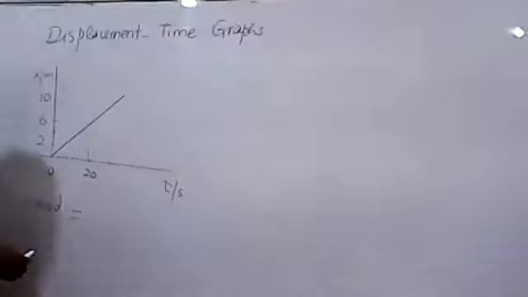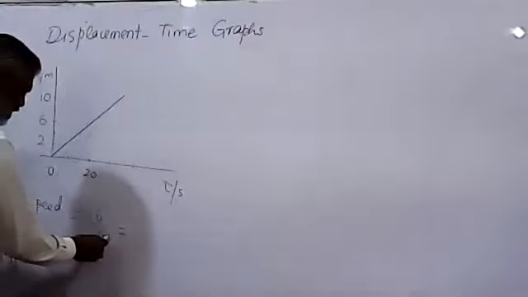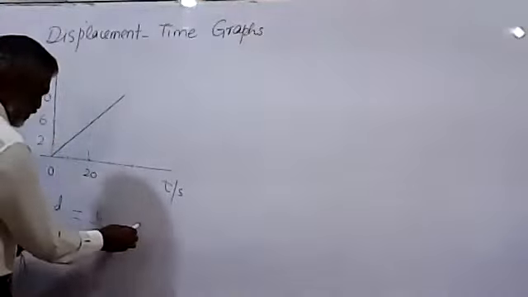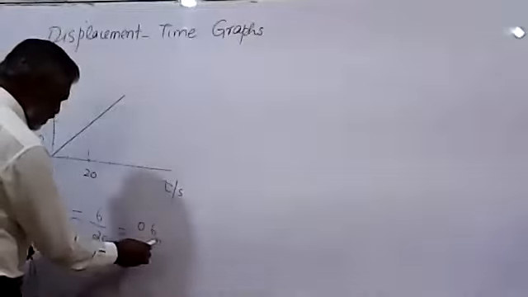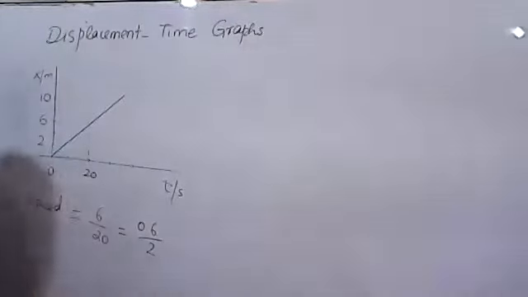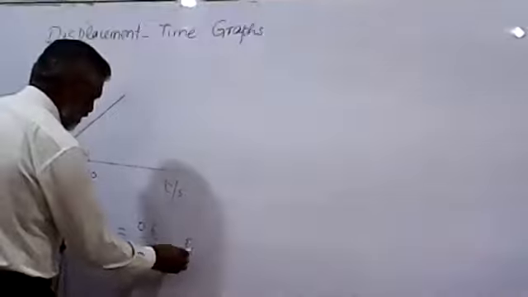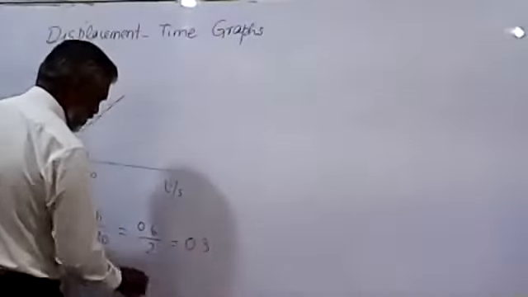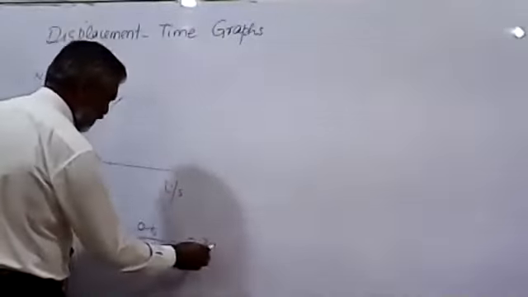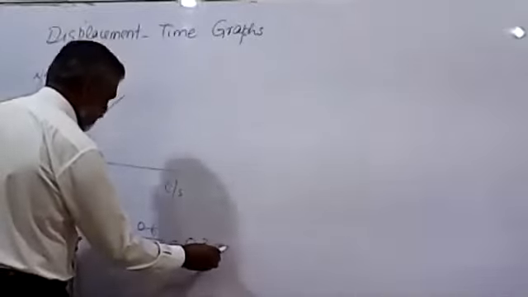So this is 6 divided by 20. So 6 meters divided by 20 seconds gives us something like, if I cancel this 0, this should be 0.6 over 2, and if I further cancel this, 0.3 meters per second.